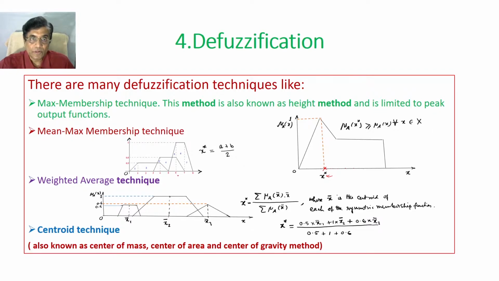So what you will do, say this is my A, this is B, and this is C. So in that case, where you have a number of elements in the universe of discourse which correspond to the same maximum membership value, then you get a point which is A plus B by 2, as I have shown here. So this will be your defuzzified element. Okay, right? So this is extremely simple.